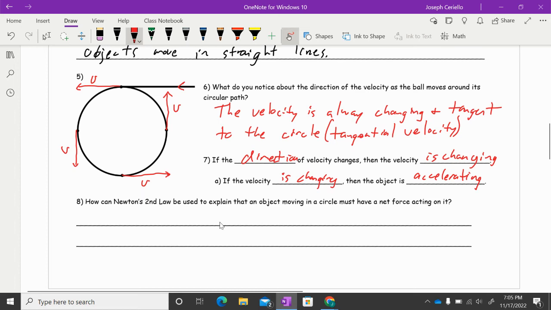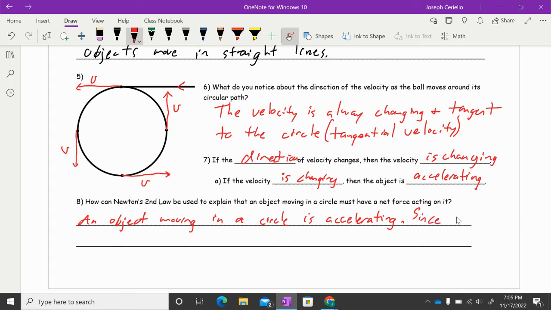So how can Newton's second law be used to explain that an object moving in a circle must have a net force acting on it? An object moving in a circle is accelerating, as we just demonstrated above.